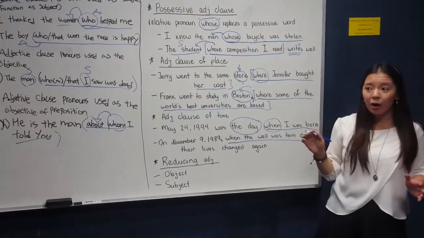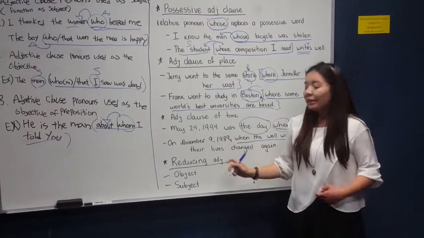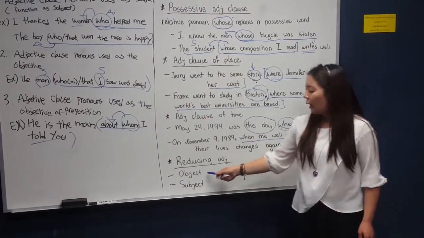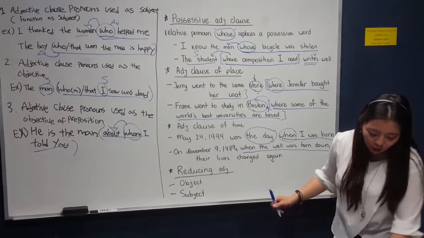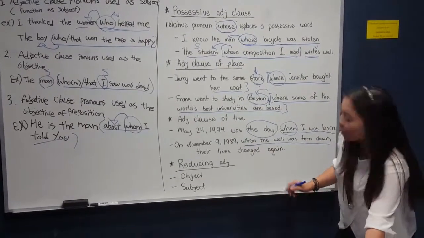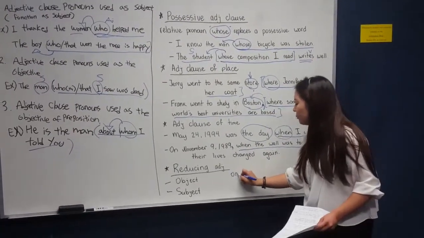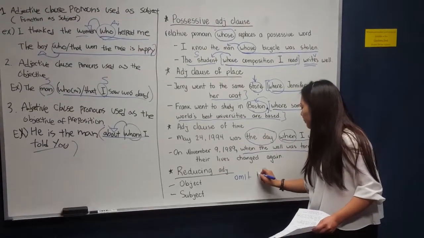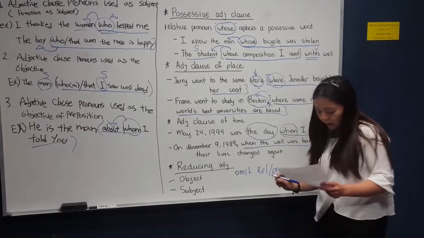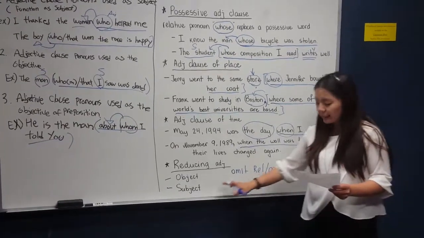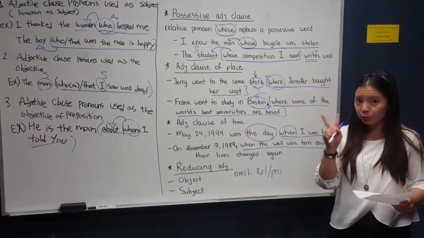And the last part is reducing an adjective clause. If it's an object relative clause, we just omit the relative pronoun. If it's a subject one, there are two different cases.